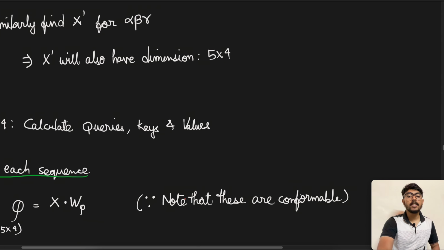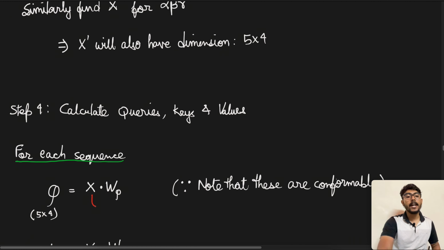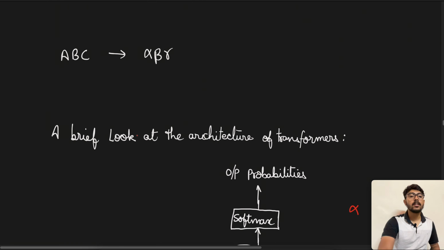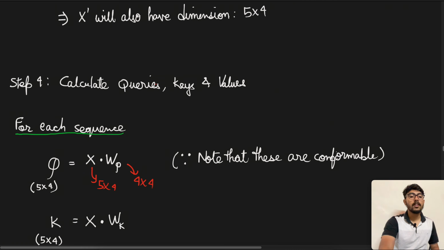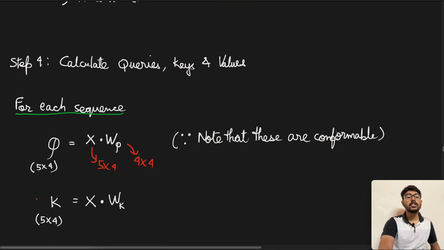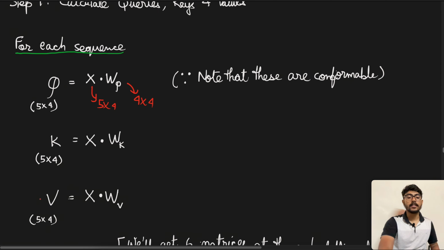So we see that these are conformable matrices. From memory x is 5 cross 4 and this one is 4 cross 4. If we check the question, you can see that it is a 4 cross 4 matrix all the way, right? Then similarly we can calculate K, which is the key matrix, and the value matrix, right?